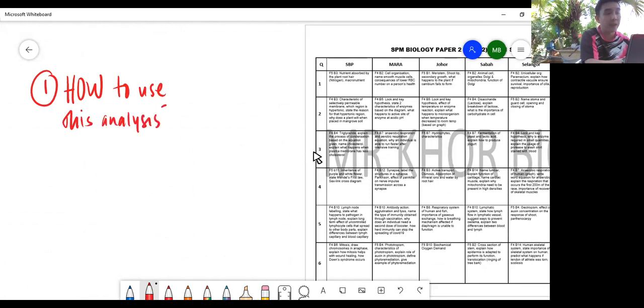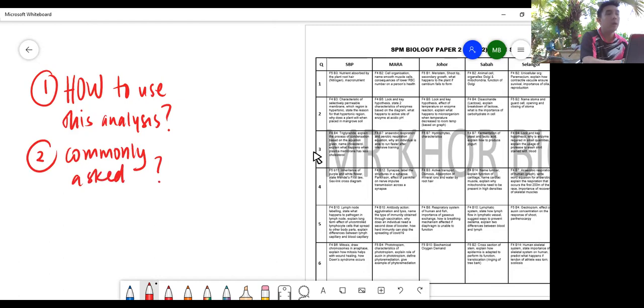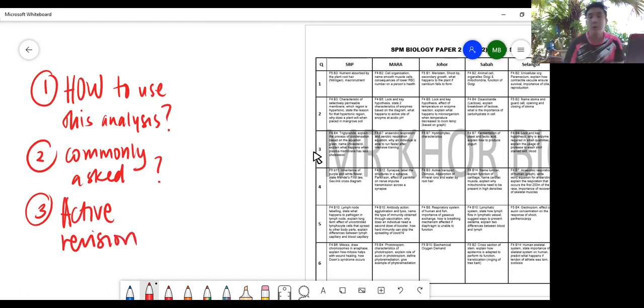Number two, I'll roughly point out a few pointers for you here and there to show you what is commonly asked. And finally, how to carry out active revision.